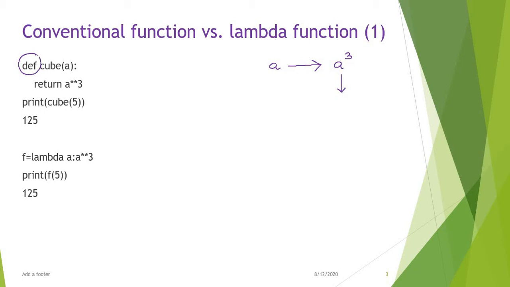Let us use def, and the function name is cube, and it takes a as the single input argument. We need to use a colon at the end. Then return a cube, so a star star 3, that will give a cube.